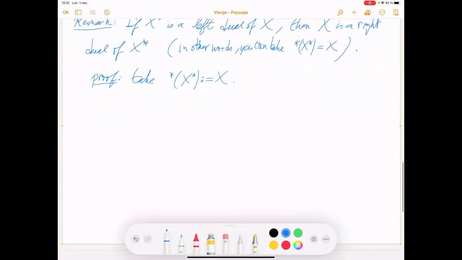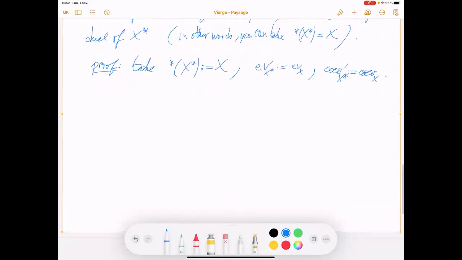And take f prime of X star to be the evaluation of X, and co-f prime of X star to be the co-evaluation of X. Then we need to check that those two compositions are identities.